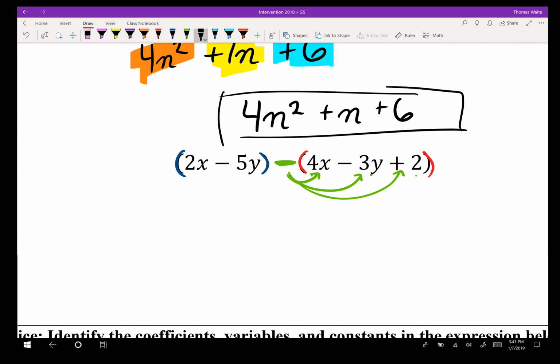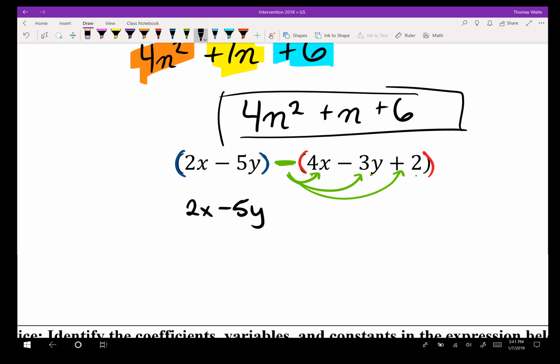So 2x stays, 5y stays. We'll deal with them in a second. I'm subtracting 4x. So to represent that, instead of it being a 4x, I'm going to go minus 4x. So check, taking care of that one. Next, I'm subtracting a negative 3y.